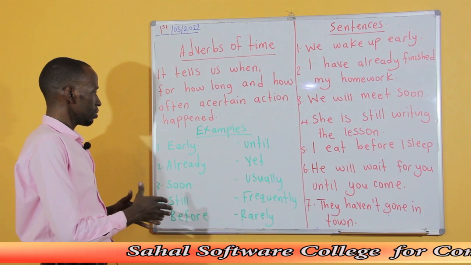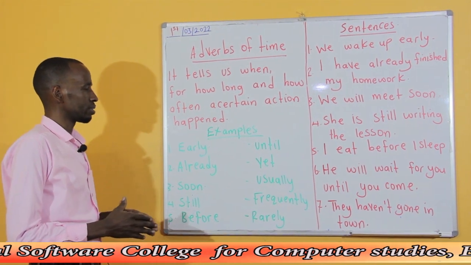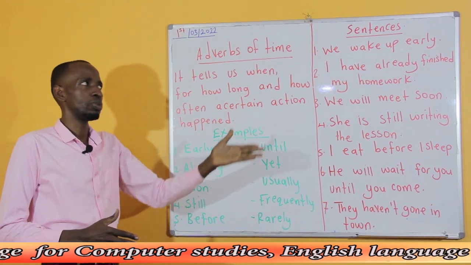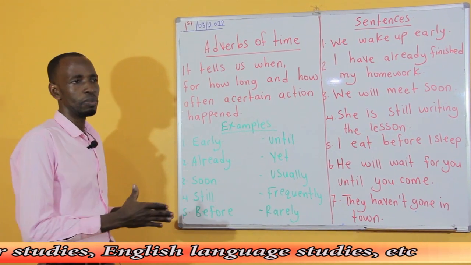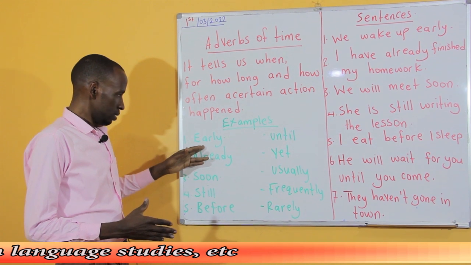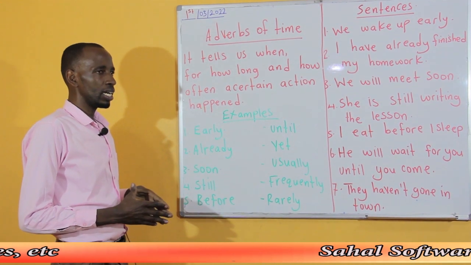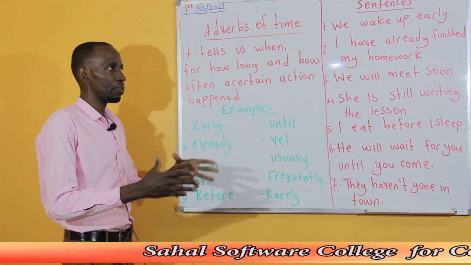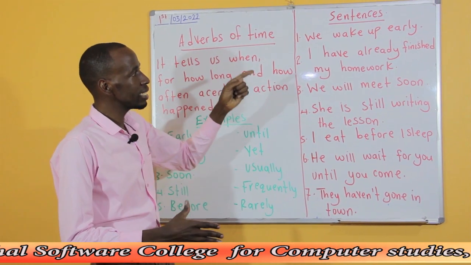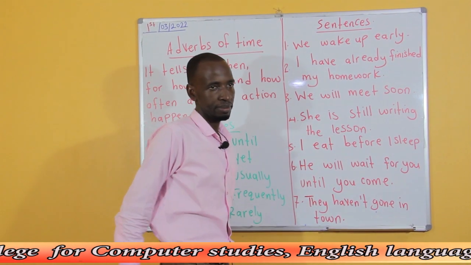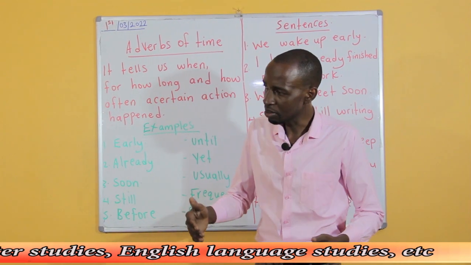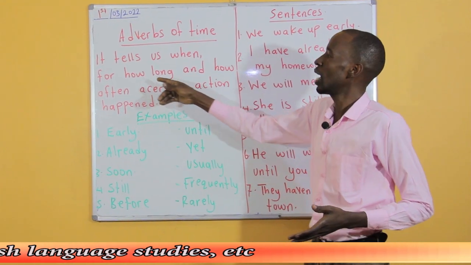Now, let's start with early. Of course, there are many adverbs of time, but these are some of them. Early. If I say we wake up early, this answers the question when. It does not answer the question how long.